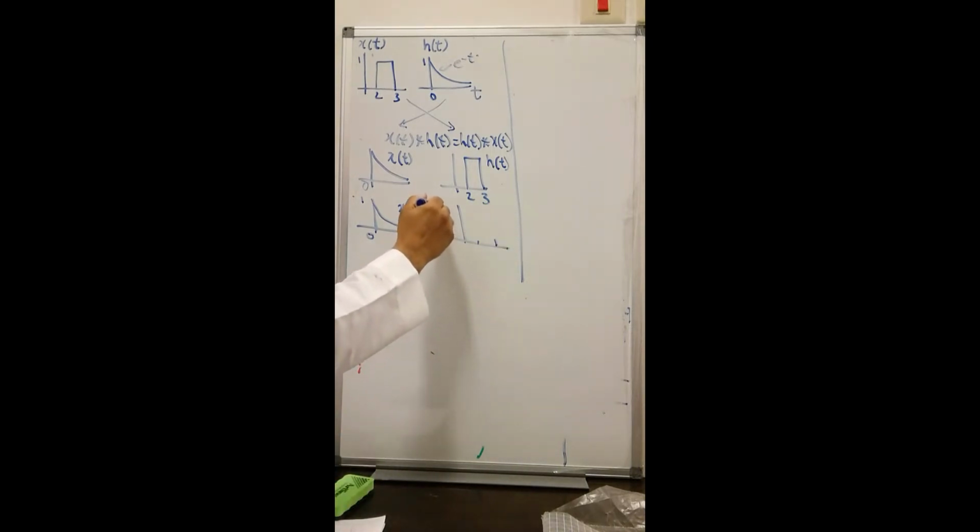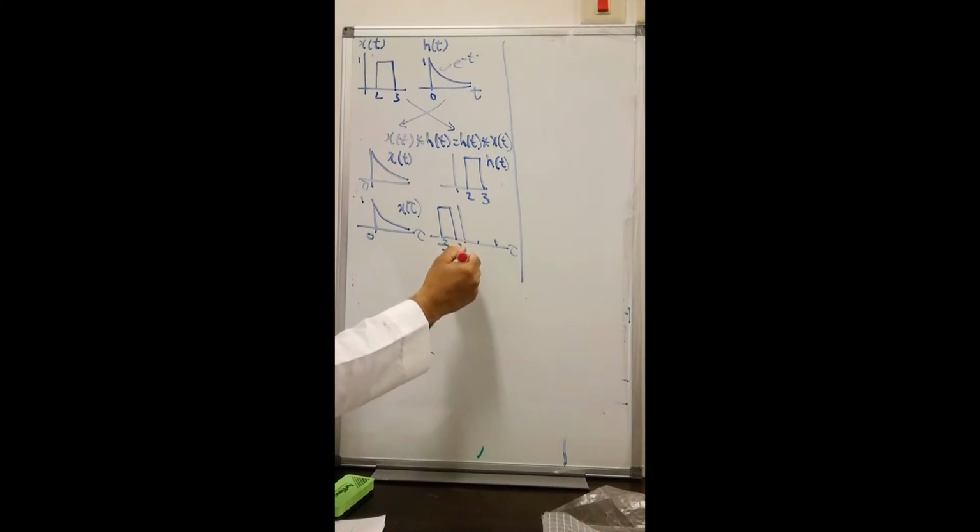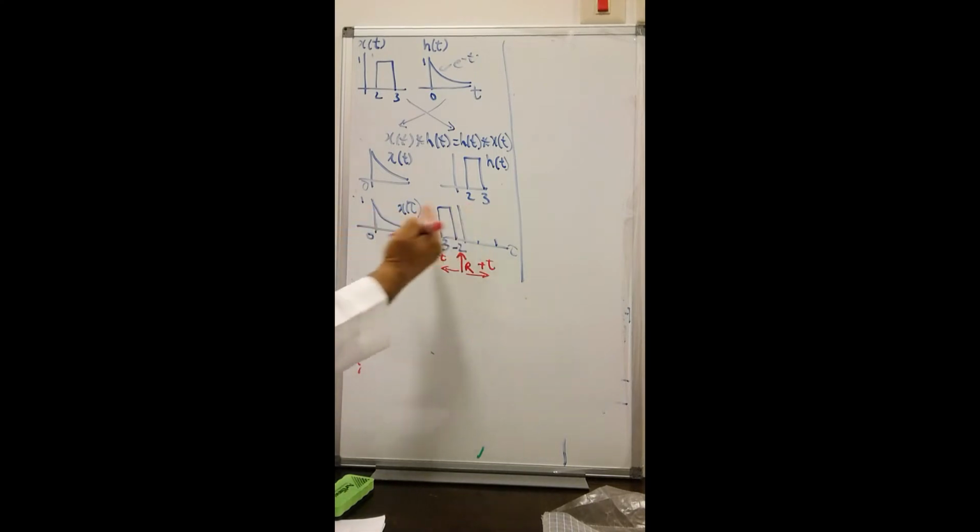Here we have minus 2, minus 3, and this is tau, and the reference point is minus 2, and the shift will be from this reference point. All the shifts towards left will be negative, and towards right will be positive. In this case, we will be just shifting towards right, so all the shifts will be positive.